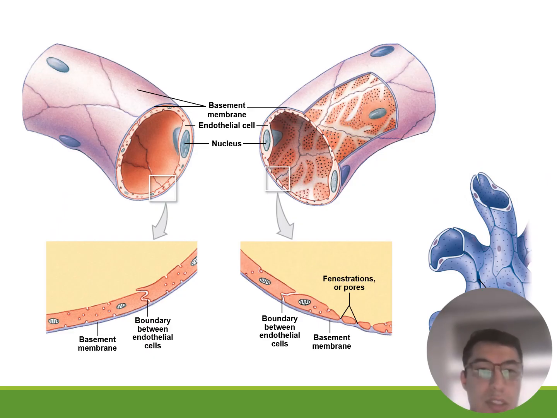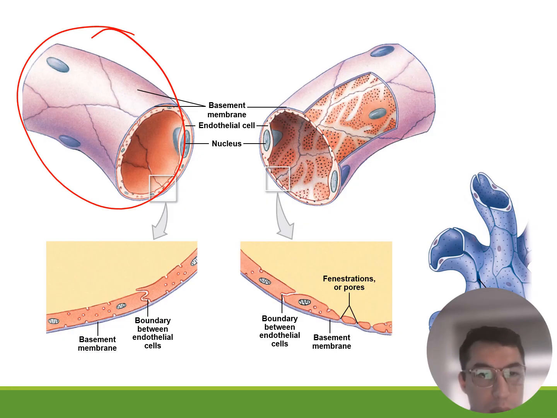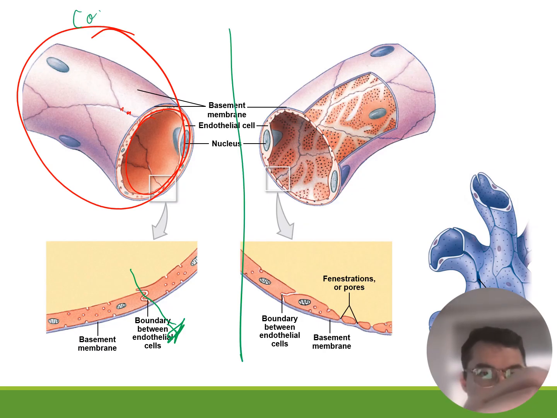This is just a quick picture to cement this knowledge. We have continuous, all right. We have our lumen, we have our cells, and we have some tight junctions, but we also have clefts. Okay, these clefts, like openings, allow for the exchange. Now the fenestrated, so this is continuous, this is the fenestrated.